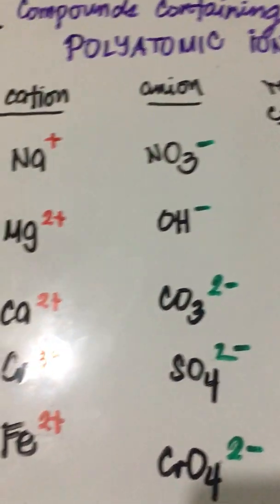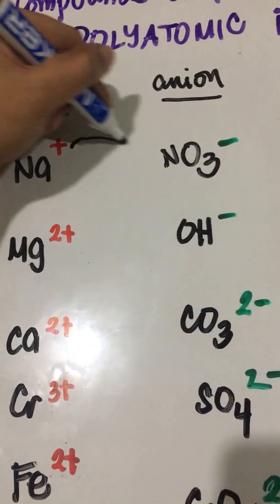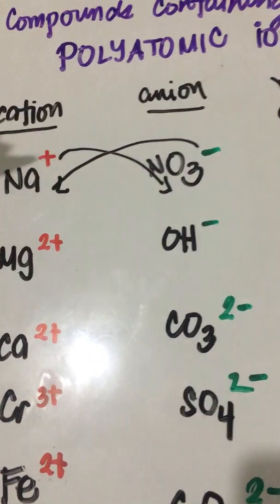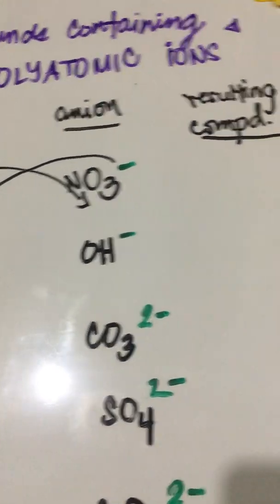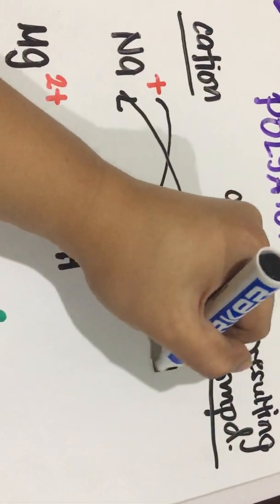So for example, between sodium and the nitrate ion, we just transfer the charges, cross, disregard the sign.